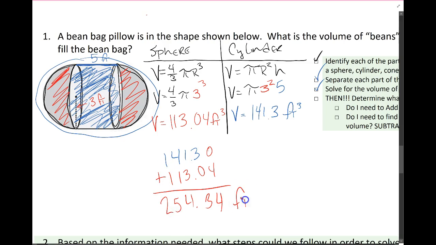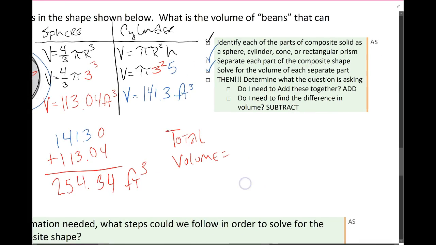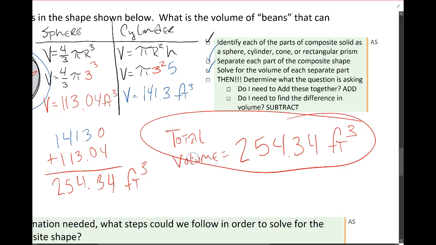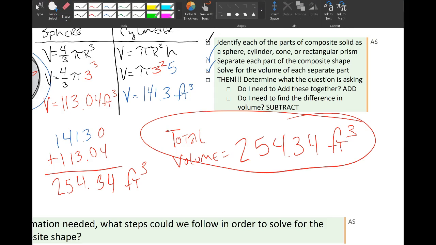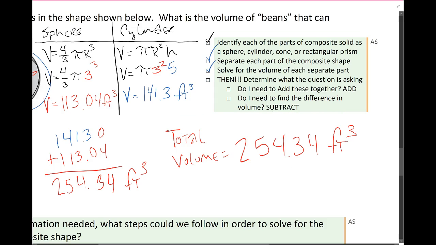So the total volume of this shape, the total amount of beans that would fit inside, is 254.34 cubic feet, or feet cubed. This would be my final answer.